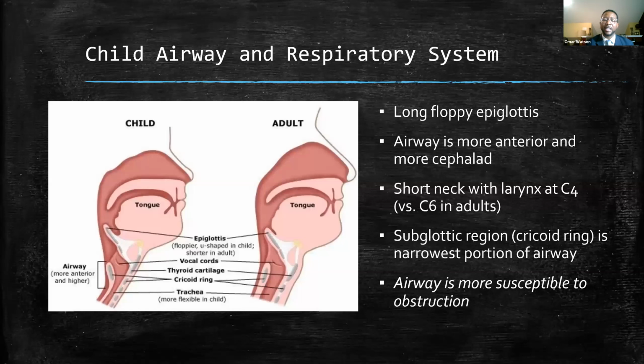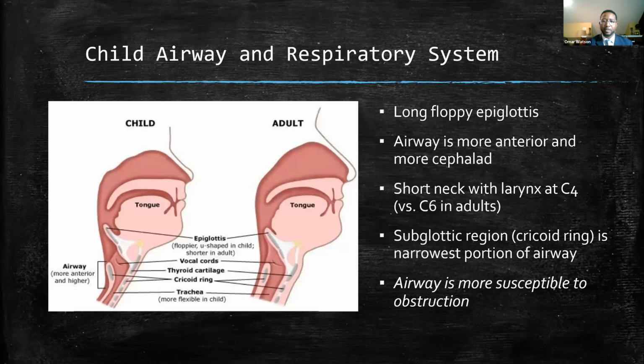The airway is actually more anterior and cephalad, meaning it's closer to the oral cavity, or towards the head. Kids have a shorter neck, and their larynx, glottis and epiglottis are at the C4 level, whereas in adults it's at the C6 level. So it's closer to the oral cavity, more opportunity for obstruction.